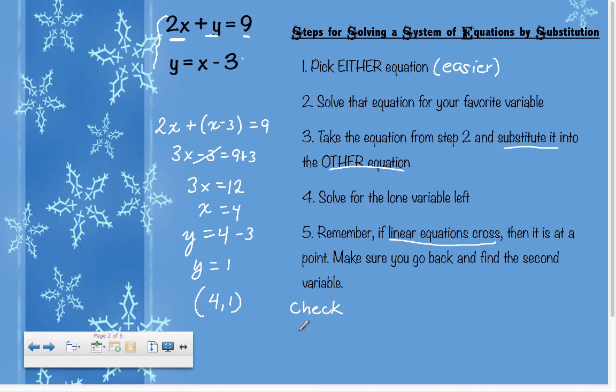Double my x value, add 1, I should get 9. Yep. And we already know that the second is right because this is how I got my y variable: taking my x variable and subtracting 3. Awesome. It works.